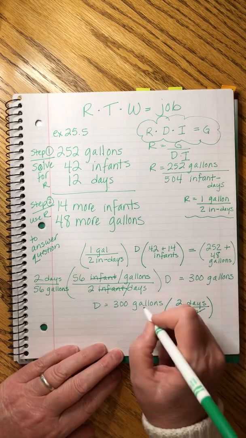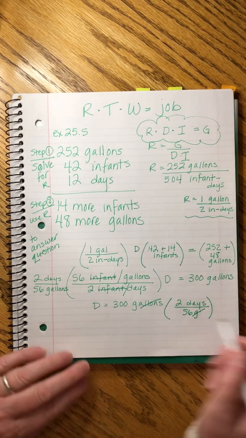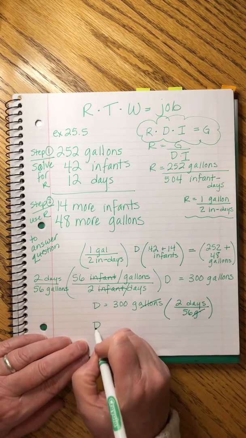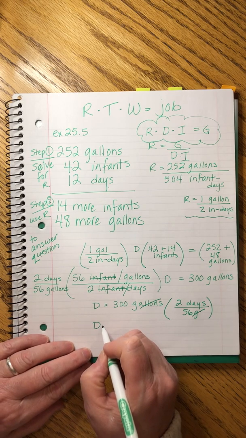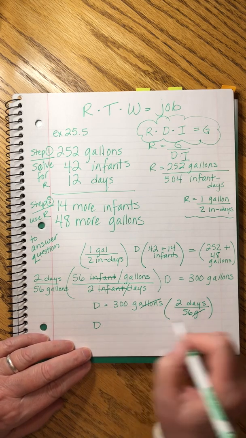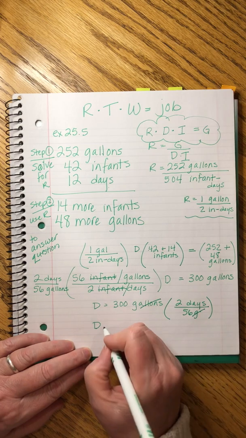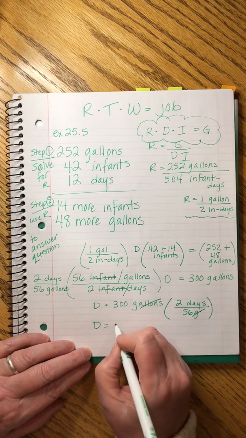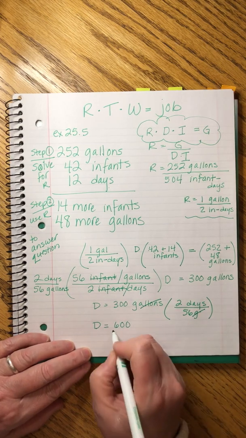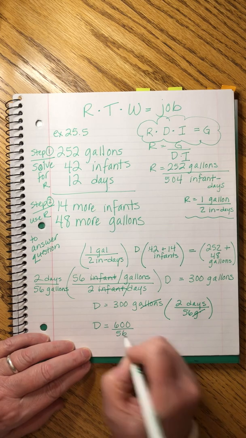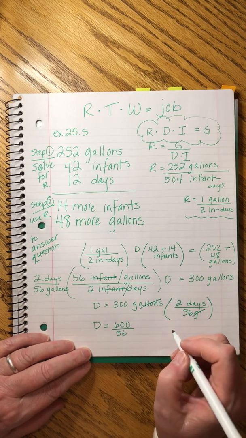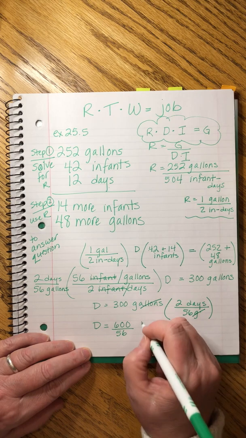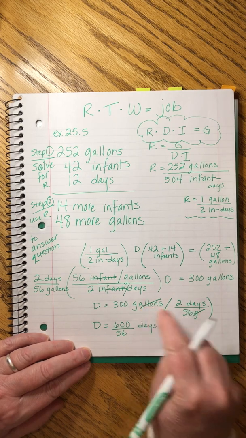The gallons cancel, and I get that the number of days is equal to, and honestly, this would be enough for the answer. The number of days equals 600 divided by 56 days, right? Because my gallons canceled.